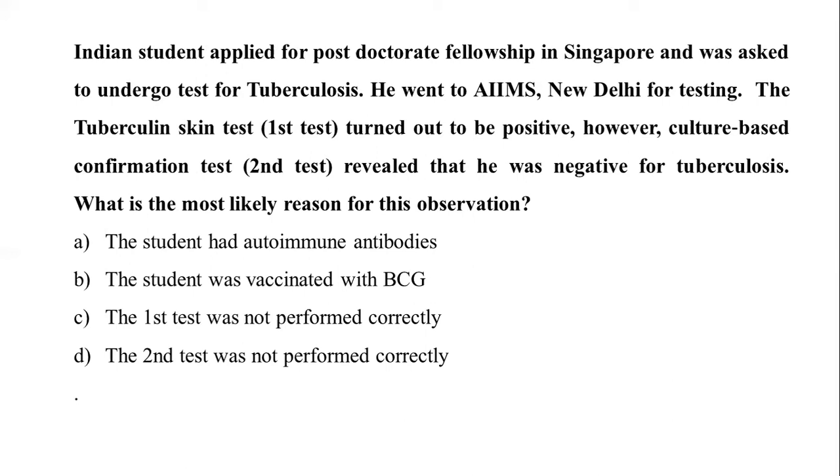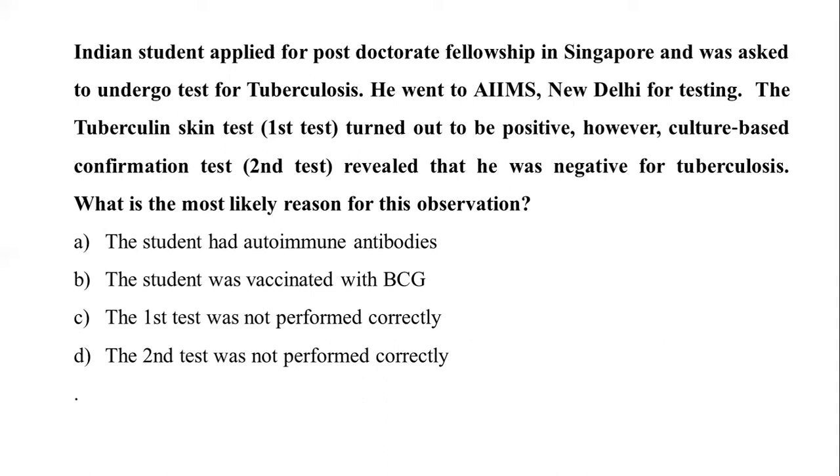The TB skin test is performed by injecting a small amount of tuberculin under the top layer of the skin on your forearm. If you have ever been exposed to TB bacteria, your skin will react to the antigen and develop a firm red bump at the site within 2 days.